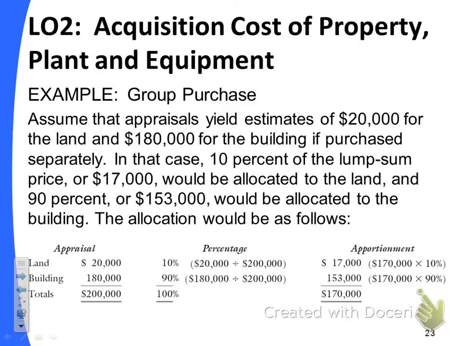So if I just paid $170,000 for this, I would break it out as 10% and 90%, and do the math: 10% times 170, 90% times 170, to get my allocations for my land and my building.